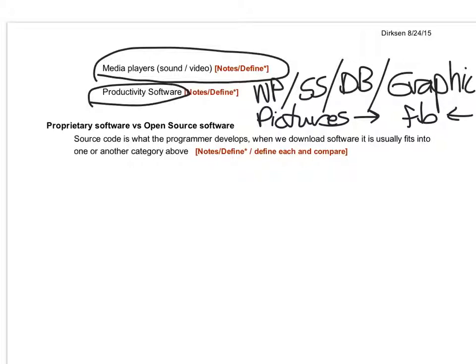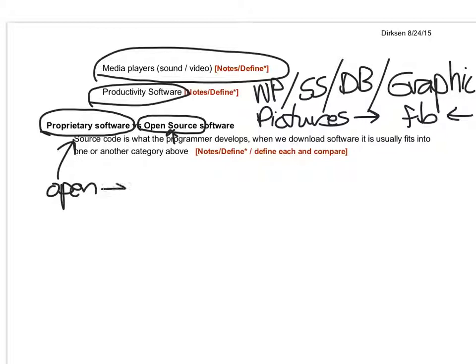Last thing on this section, proprietary software versus open source software. Source code is what a programmer writes that helps develop software. So when we say it's open source, that means the source code is open. More or less, it's free for use.